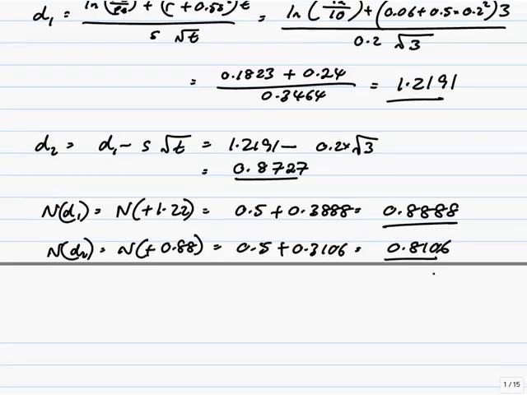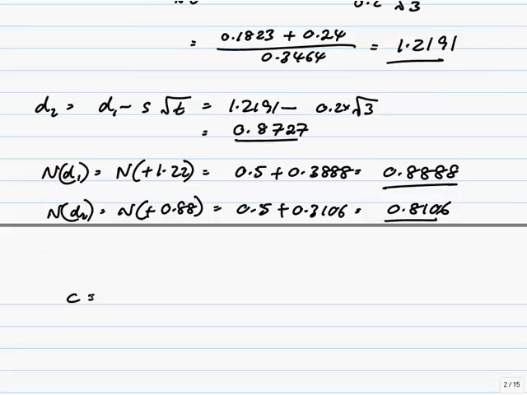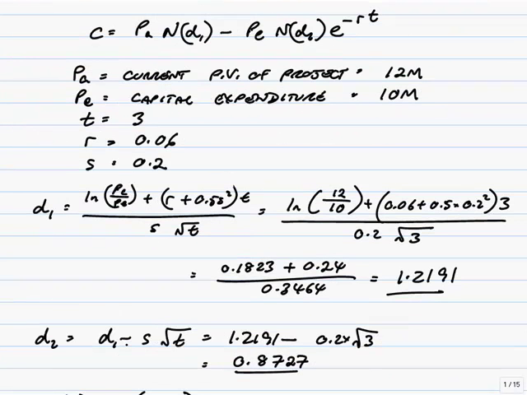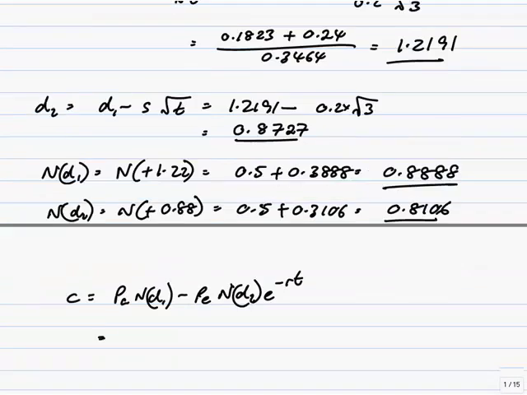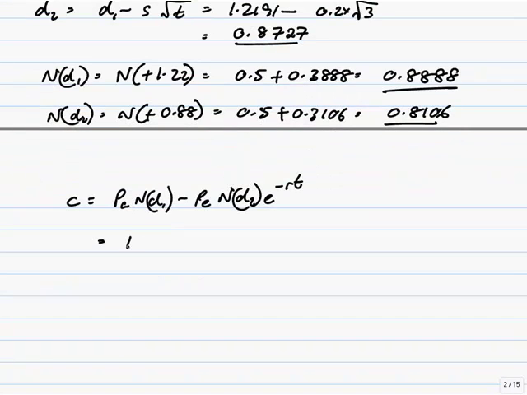Now we can stick it in the full formula. The value of the call option, PA N(d1) minus PE N(d2) e to the minus RT is what? PA, what did we say it was? The value of the project, which is 12 million, times N(d1).